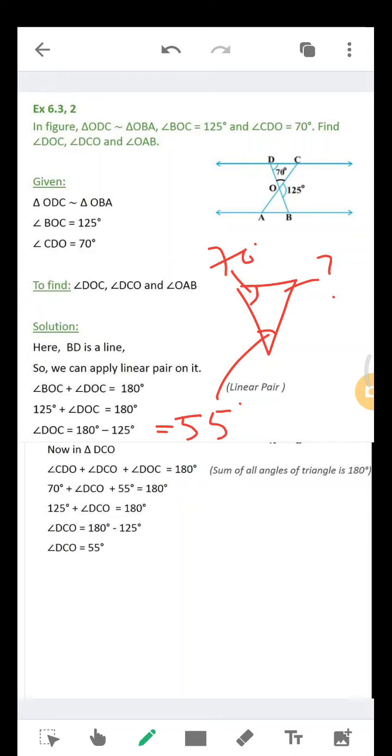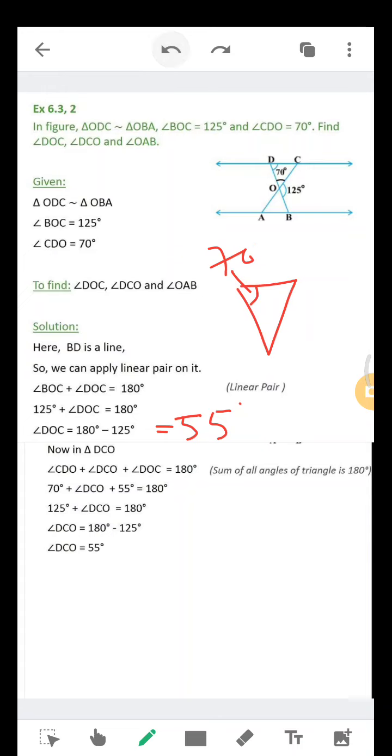You know very well what the angle sum property is. So 70 plus 55 gives you 125. So DCO will be equal to 180 minus 125. That will also be 55 degrees. So we found two angles: we found DOC, we found DCO.